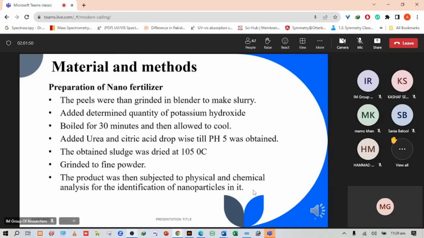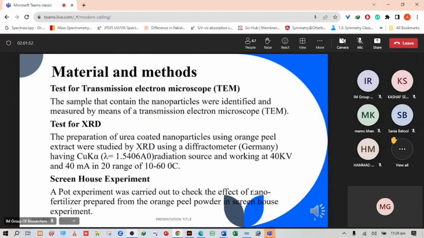The measurements of the nanoparticles present in the samples were checked with the help of different tests like TEM, transmission electron microscopy, and XRD, X-ray diffraction methods. In the TEM test, samples that contain nanoparticles were identified and measured.